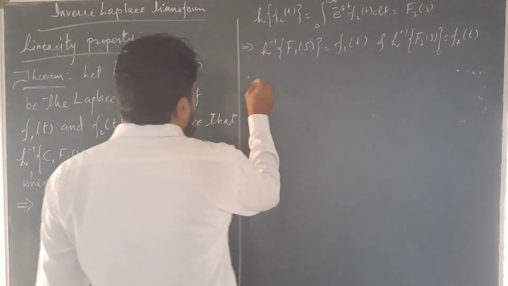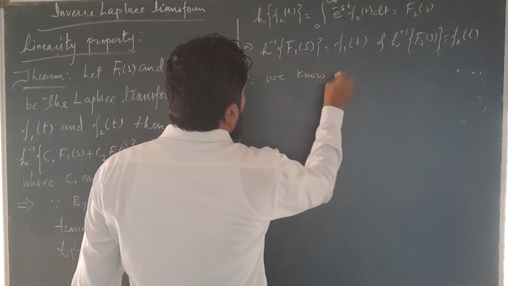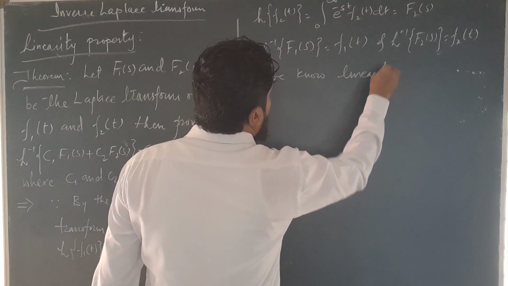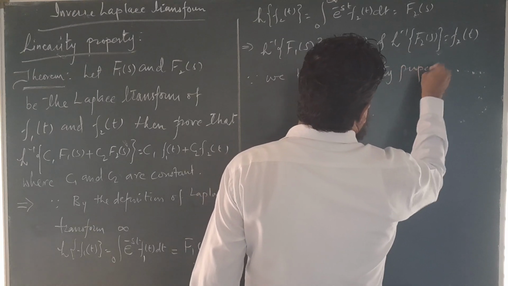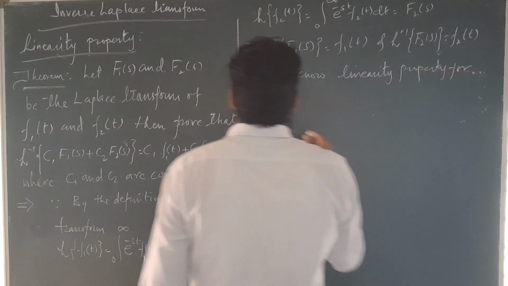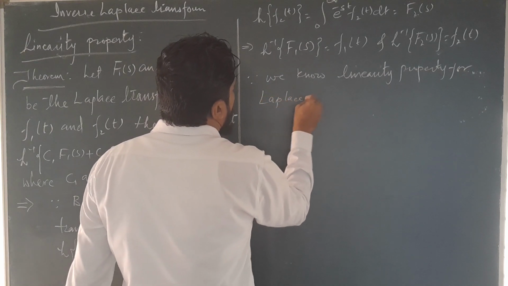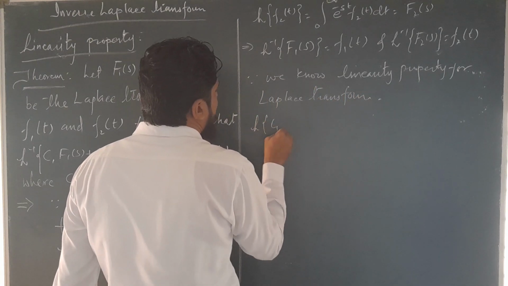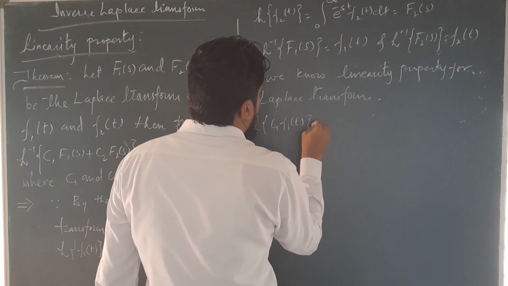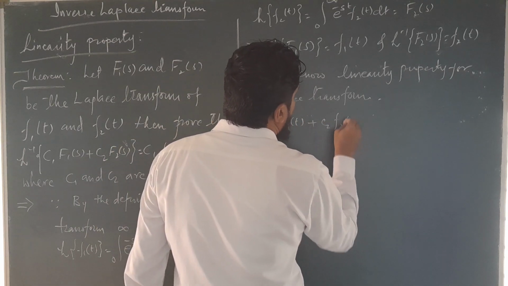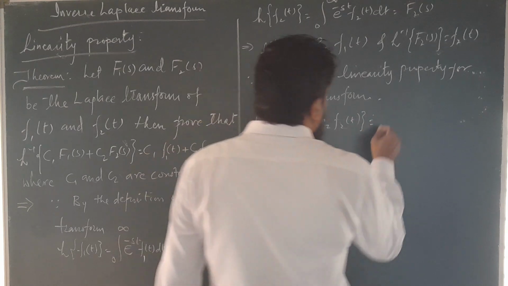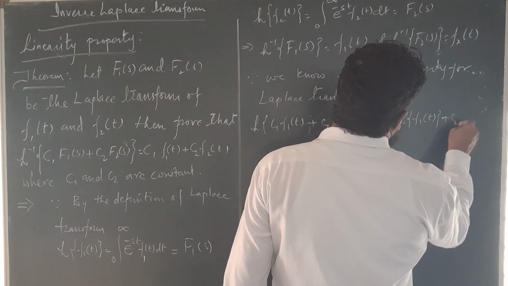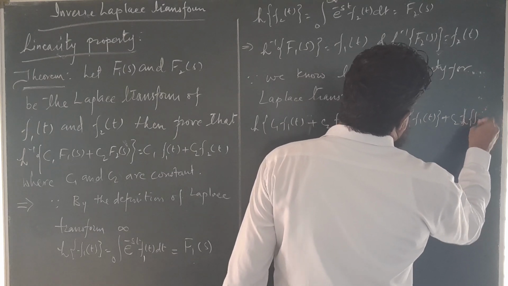Since we know the linearity property for the Laplace transform, that is, the Laplace transform of c1 f1 of t plus c2 f2 of t is equal to c1 times the Laplace transform of f1 of t plus c2 times the Laplace transform of f2 of t.